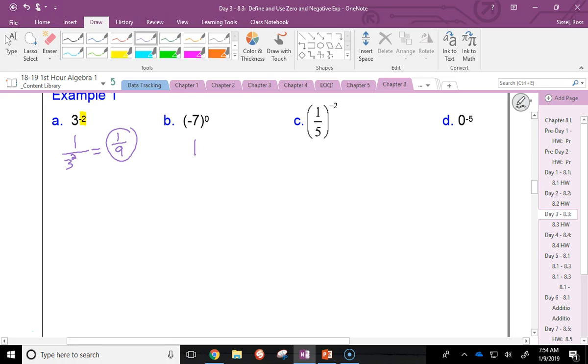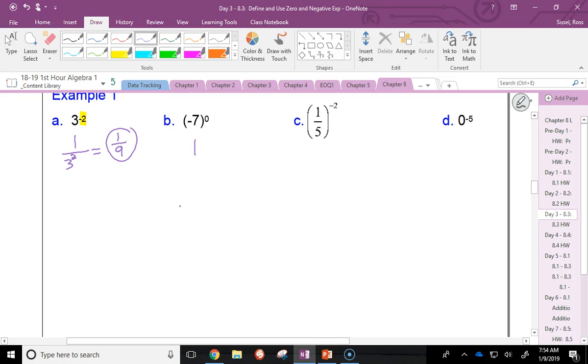The only difference would have been if they would have said this and that 0 is on the inside with it. What is happening here is they're saying what is the opposite of 7 to the 0 power. That answer could have come out to negative 1. I don't think you're going to see that, but if we ever get an answer with negative 1, there's a reasoning to it. But we should see it like this.